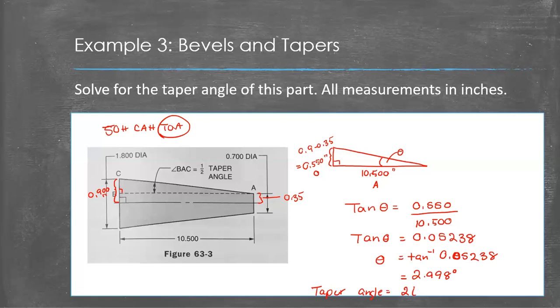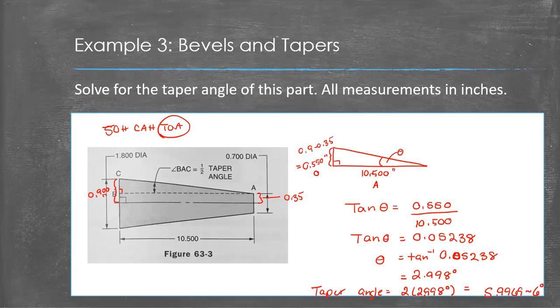So it's going to be 2 times 2.998 degrees, which gives us 5.9969, which I'm going to say is about 6 degrees. I don't know that even if we round that off to 2 decimal places, we're going to really go to about 6 degrees. All right, so taper angle, you find your angle and then you double it.